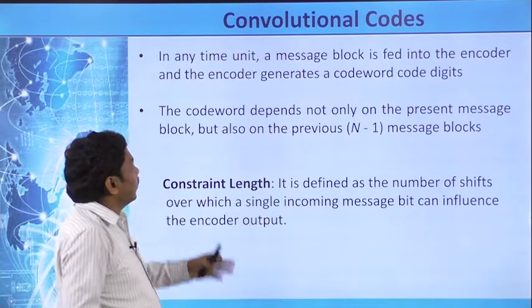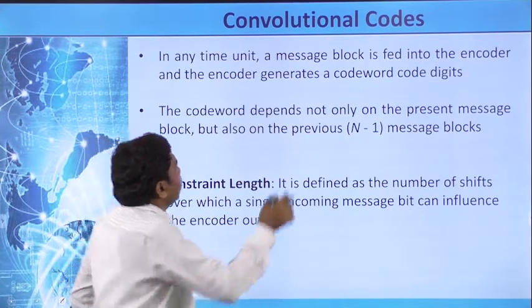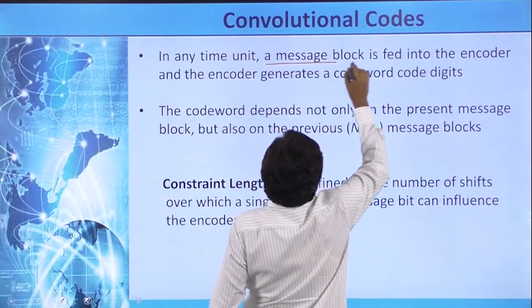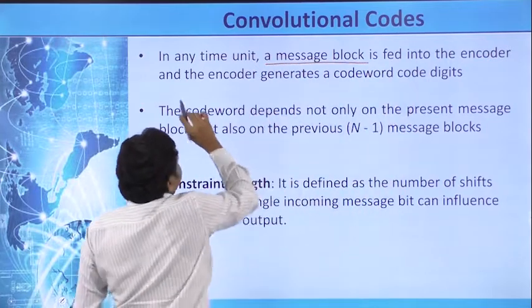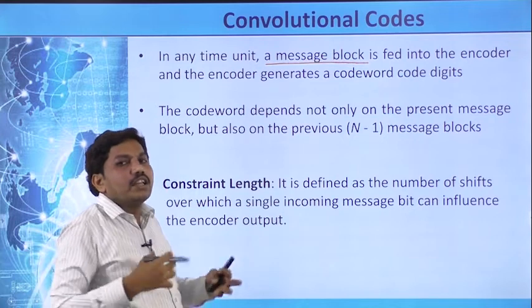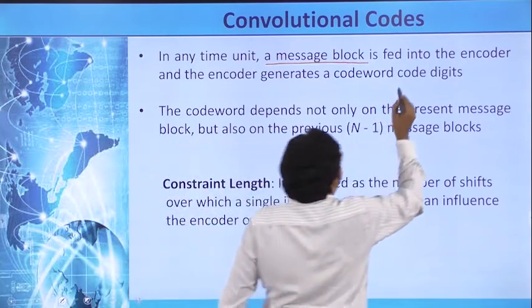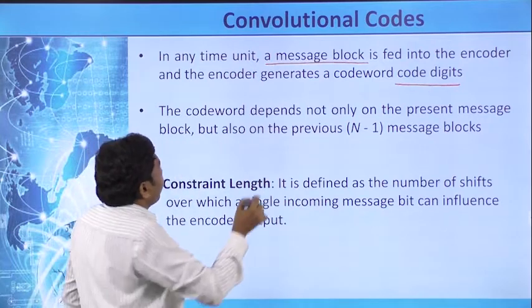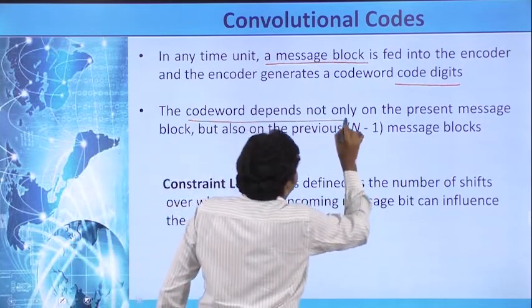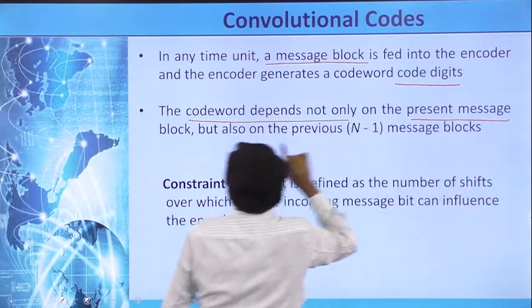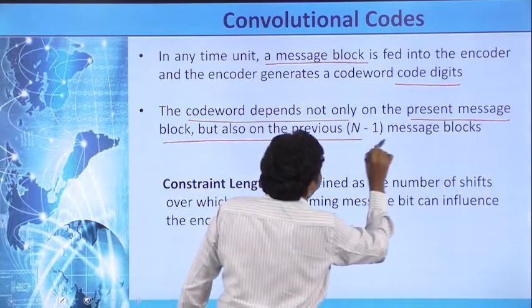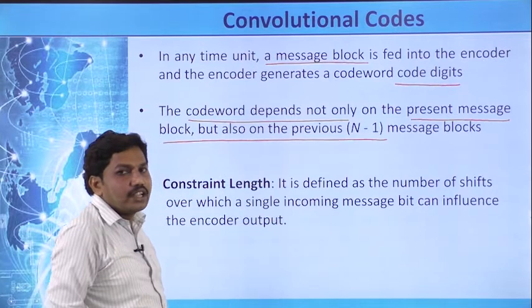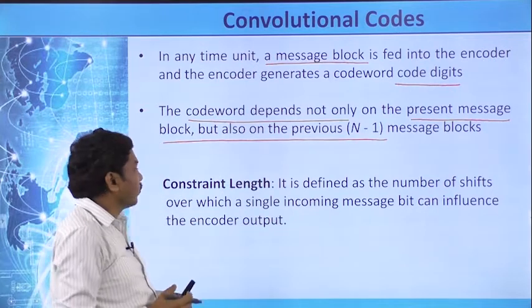Okay. So look at this one. Here the message block is applied to the input of the encoder, and the encoder generates the code words or code bits. So the code word depends not only on the present message block but also on the previous message blocks in case of convolutional codes.